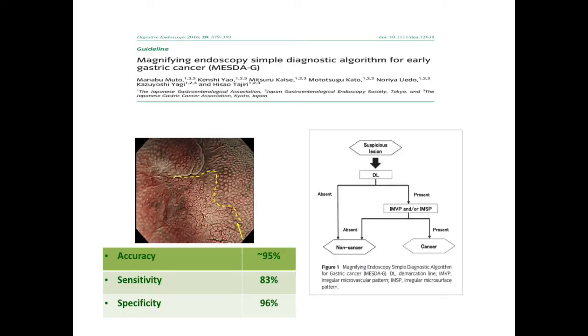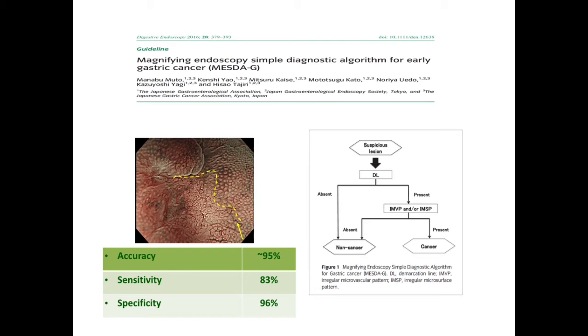The system which the Japanese propose to detect early gastric cancer is called the MESTA-G, which stands for Magnifying Endoscopy Simple Diagnostic Algorithm for Early Gastric Cancer. In this, you do a good white light examination. During white light examination, if you identify any suspicious lesion, then you examine that area using image enhancement like narrowband imaging.